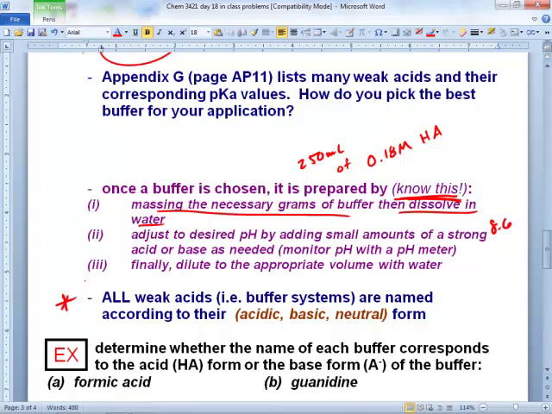It's the neutral form. Remember this. This is a big deal. This is going to kick your butt next class period if you don't remember it. All weak acids are named according to their neutral form. There's no charge. The form that has no charge on it is the name.